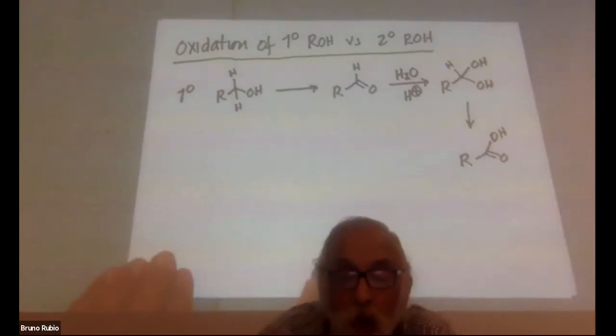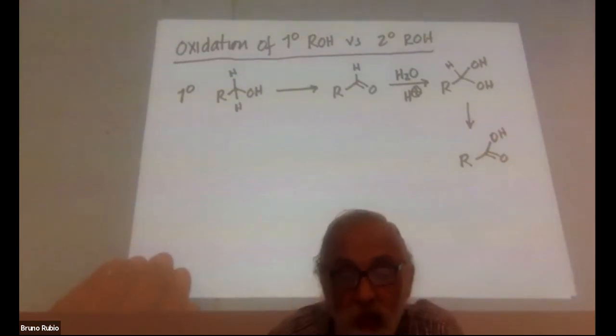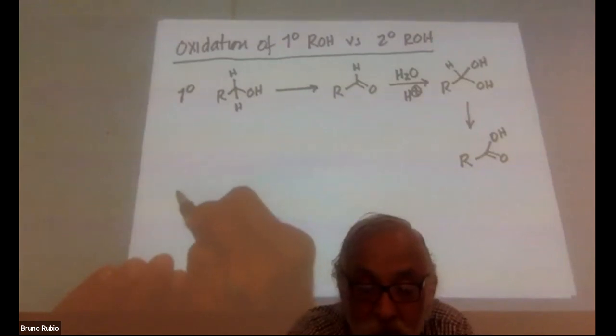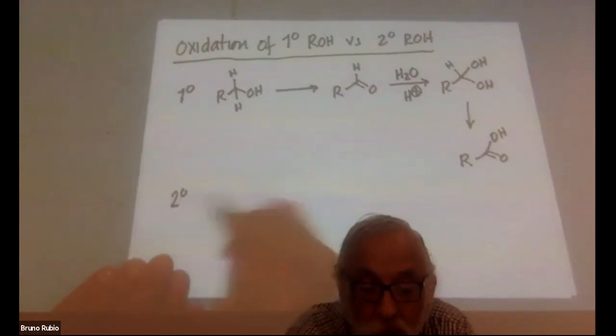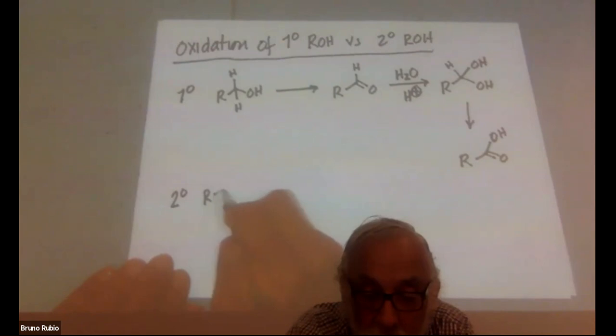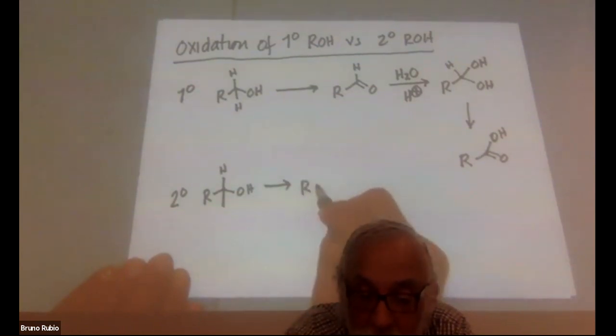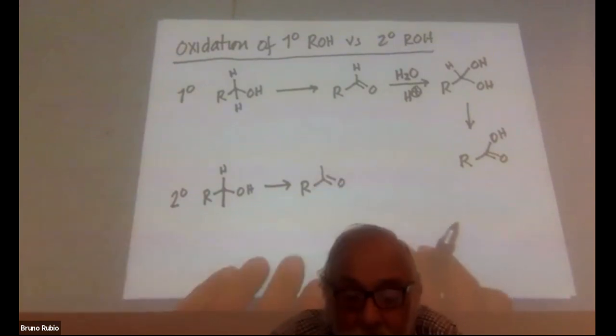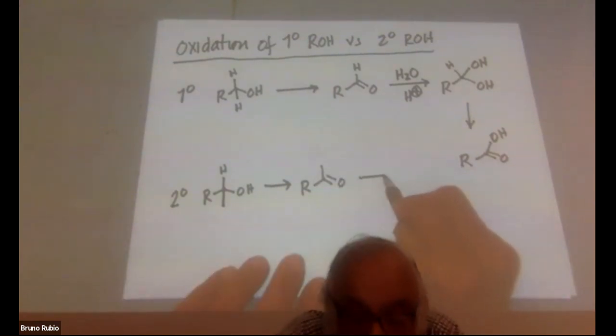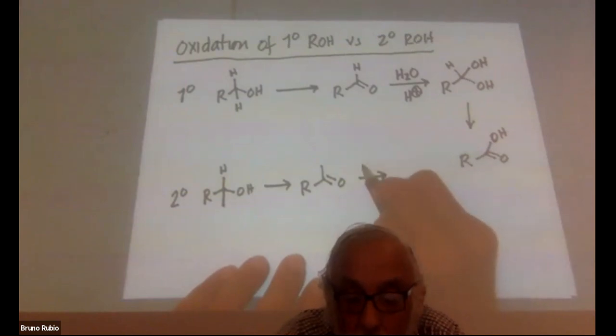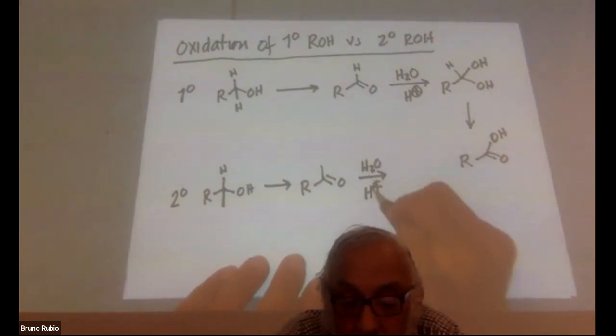Okay, so now we want to compare all of those events to what happens with a secondary alcohol. So we start out with our secondary alcohol, and we just wrote out the mechanism for how the secondary alcohol is converted to a ketone. Now, the ketone also reacts with water under acidic conditions, right?